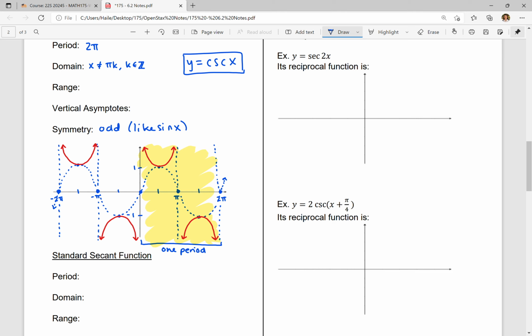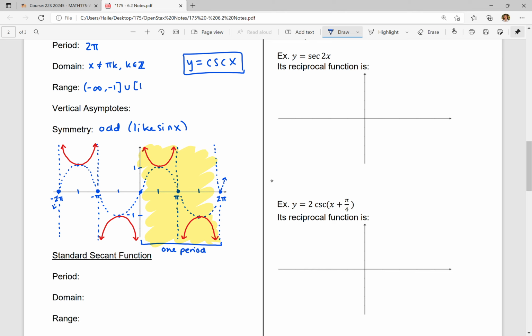Now the range is sort of like the range for sine, but it's been flipped inside out. So if we think about where this is going, we can have any negative number. So we're going to start at -infinity. But the biggest number we can have for these bottom curves is -1. So we're going to go up to -1 and close it off with a bracket. And then for the top curves, they start at 1 and they go up to infinity.